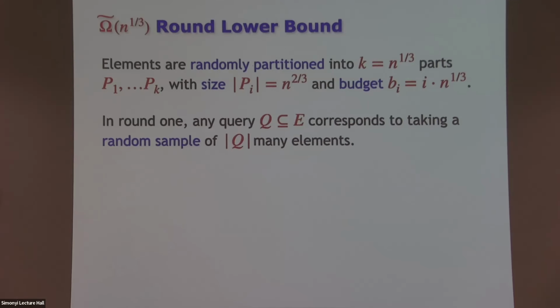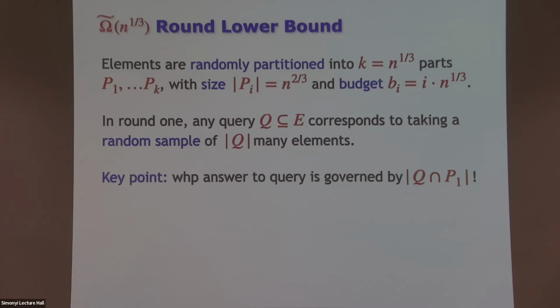So any query doesn't know this randomized labeling, and no matter what you do, it's basically just a random sample of q many elements. The key point I claim is that whatever the answer to this query is, it's almost completely governed by how many elements Q has in the first part P1.